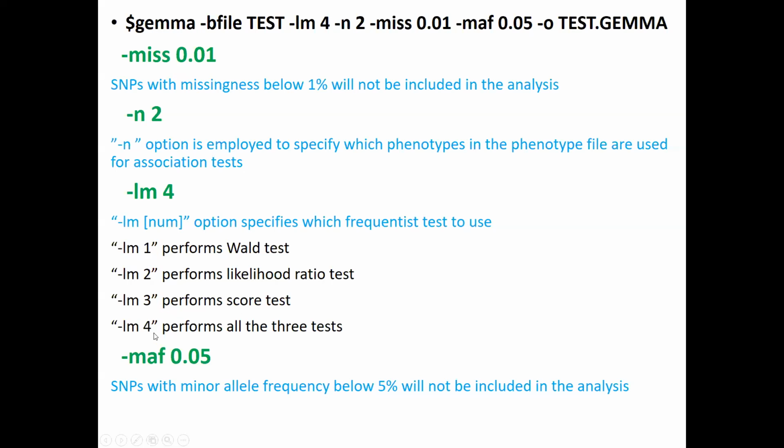Usually, I use the last one, which performs all the 3 tests above. -maf means SNPs with a minor allele frequency below this threshold will be removed from the GWAS analysis. And -o follows the name of the output result file.